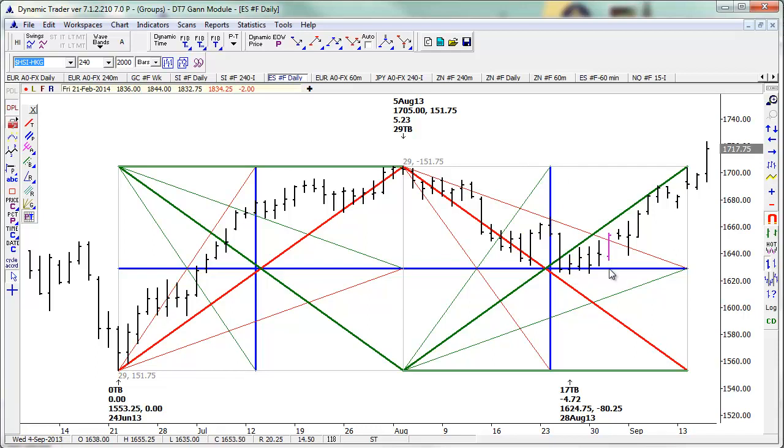And the 50% in price is where this market tested about 4 times before continuing up. And this would be the 1 by 1 angle defined by the price-time relationship from this low to this high, 2 by 1, 1 by 2.